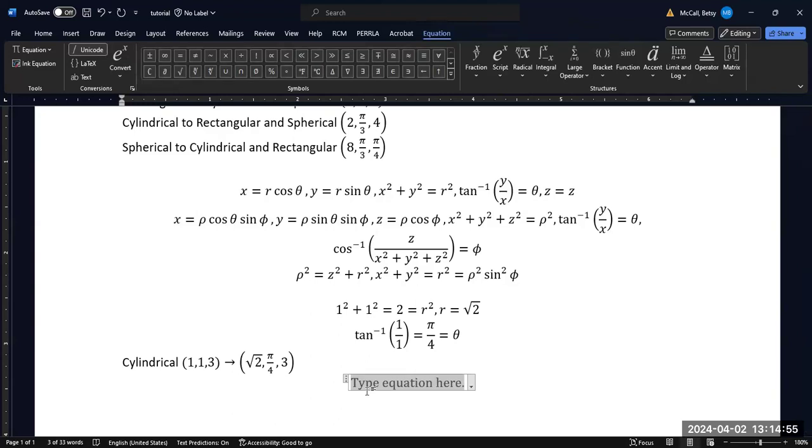So rho squared will be 1 squared plus 1 squared plus 3 squared, which is going to be 11. And so rho is equal to the square root of 11.